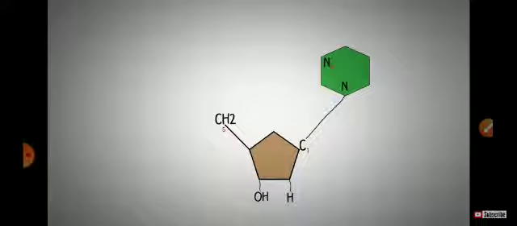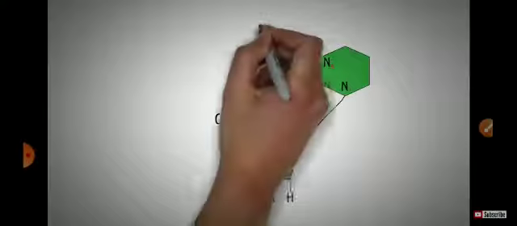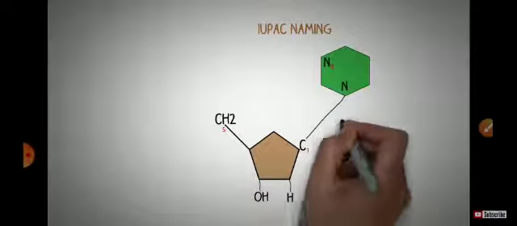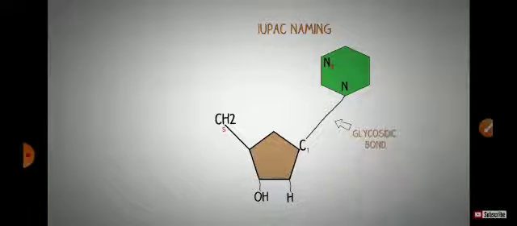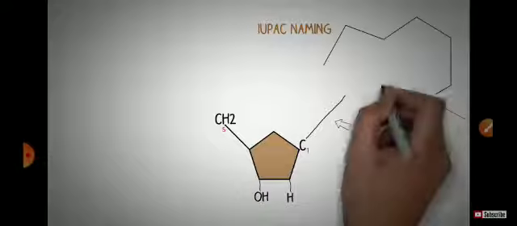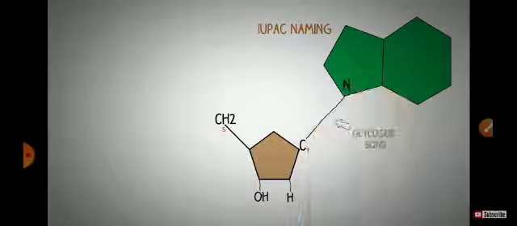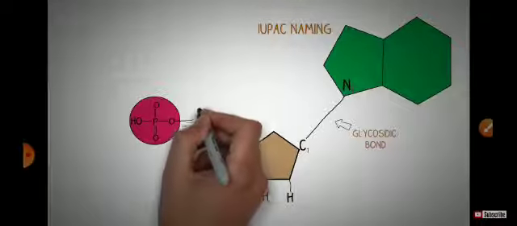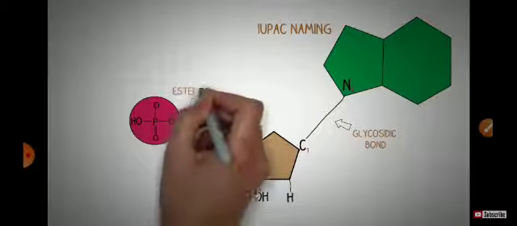Here a bond is established between the first carbon and the nitrogen present at the first position. That is what is referred to as the glycosidic bond, which is formed between a sugar and a nitrogenous base. So that is present between carbon 1 and the nitrogen at the 9th position.